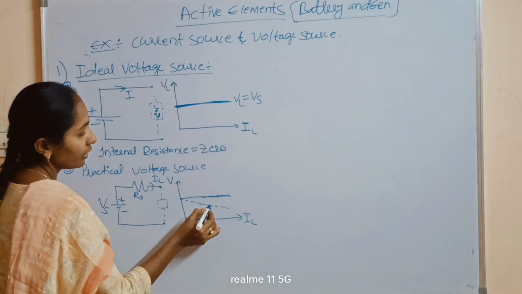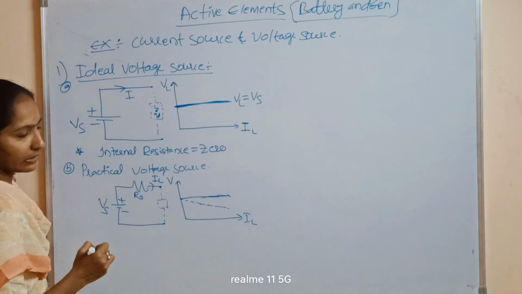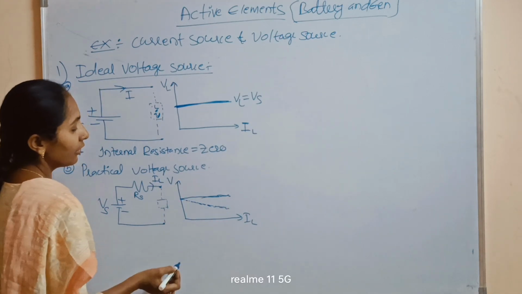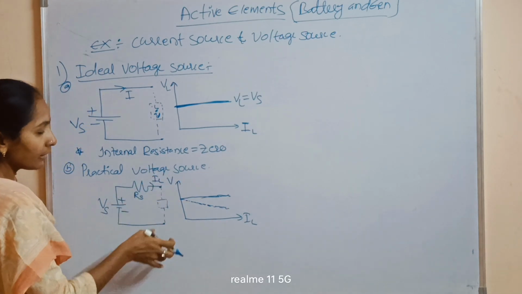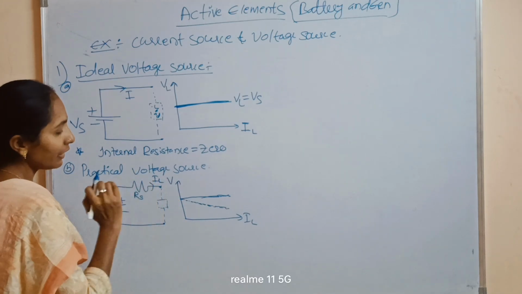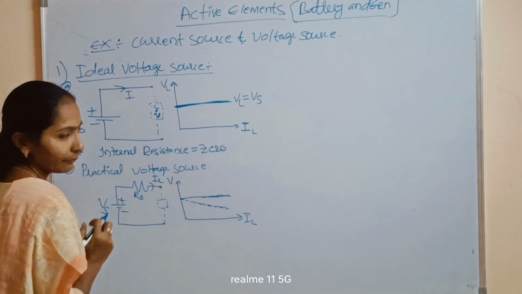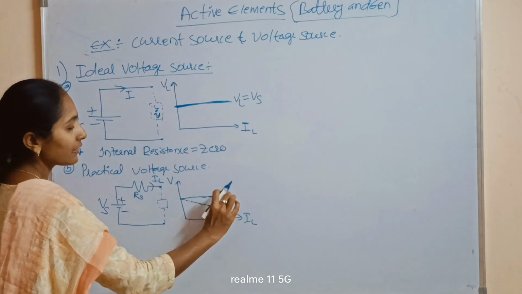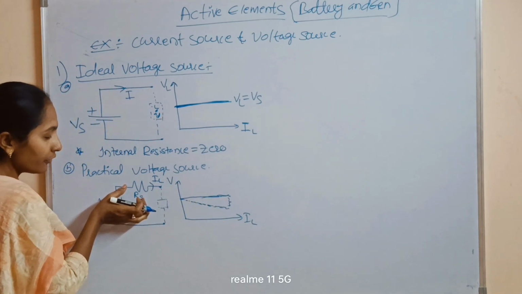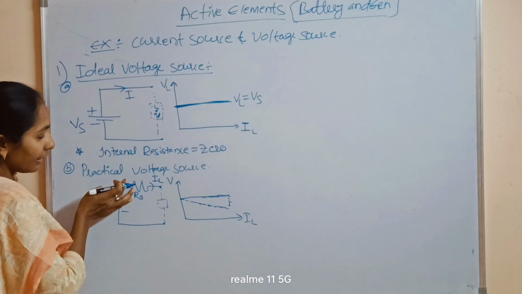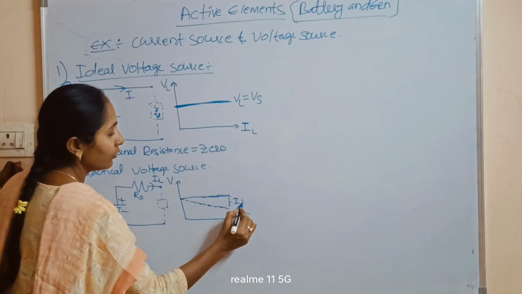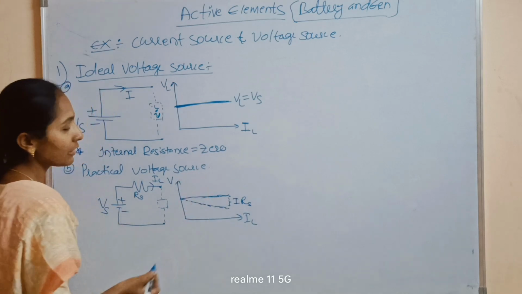Due to the source resistance, the output or load voltage decreases slightly. So this gap is due to the drop across the series resistance, that is I into R, the source resistance drop.